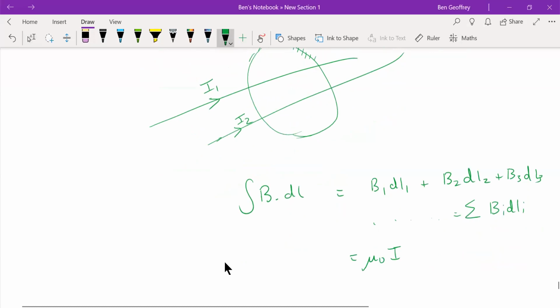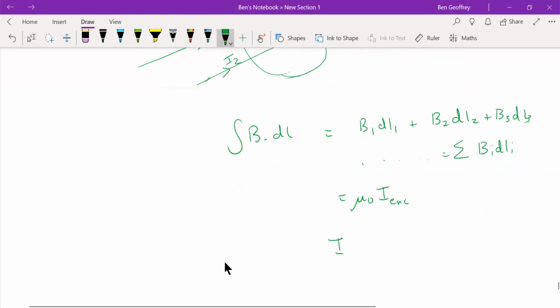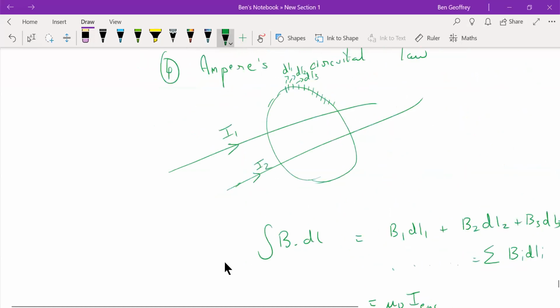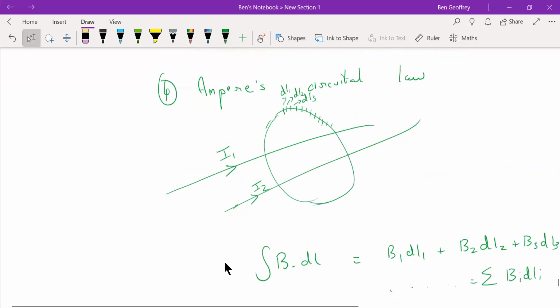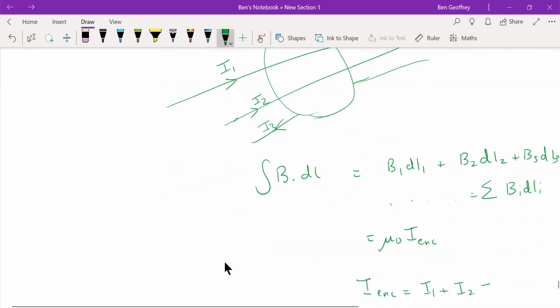I is the current enclosed. In this case, the current enclosed is I1 and I2. If you have a current cutting through the loop in the opposite direction, then since it's coming in the opposite direction, you will have a negative sign.